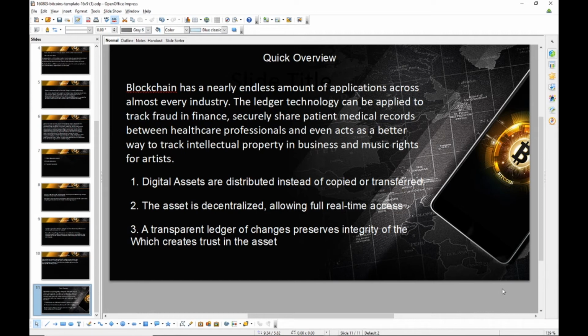Now I want to read this to you again. The ledger can be applied to track fraud and finance. Now I don't know if you have or if you haven't, but I know you've dealt with banks who've been caught in all these scandals with fraud, making fake accounts, and I know if you've been on Instagram or Facebook or anything, you have somebody say, "Hey, give me your bank account, and I can flip this money for you."